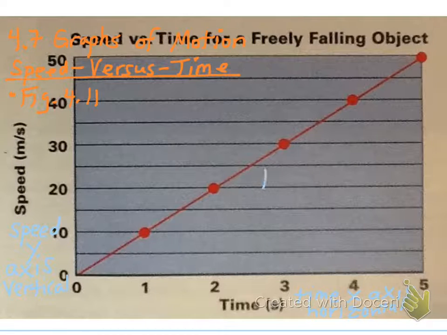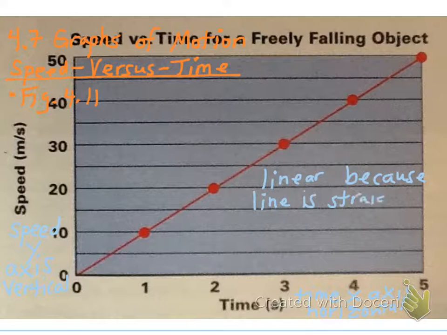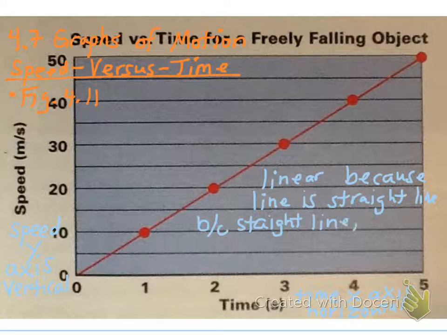This is a linear graph because the line is a straight line. And because it's a straight line, the slope of the line is constant, meaning it's unchanging.